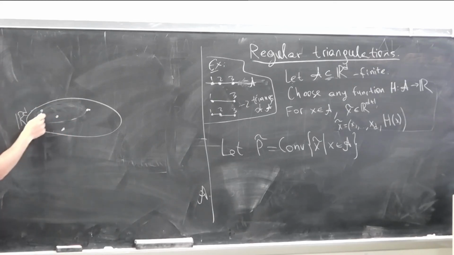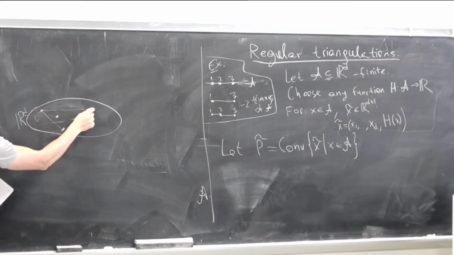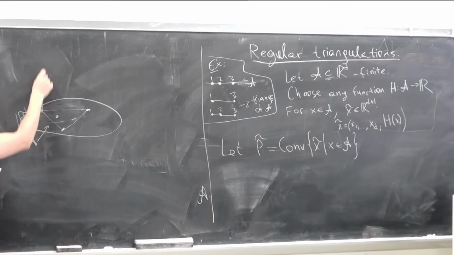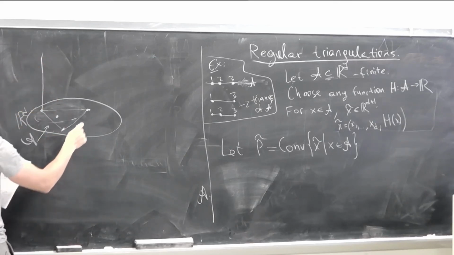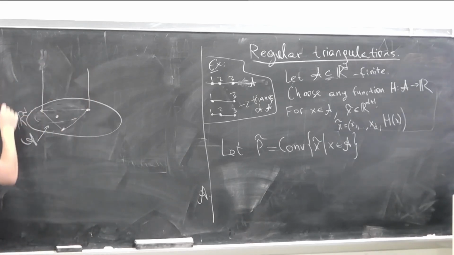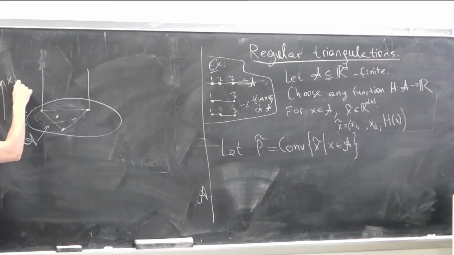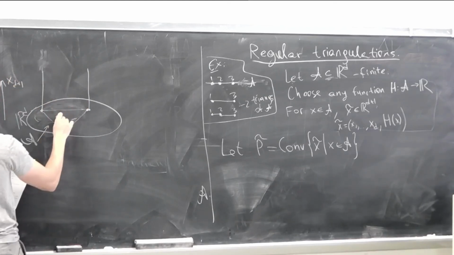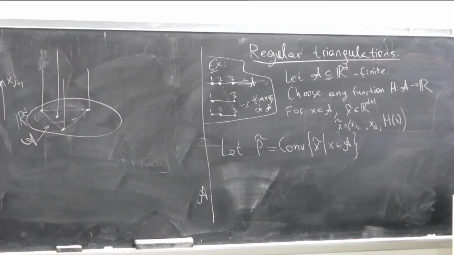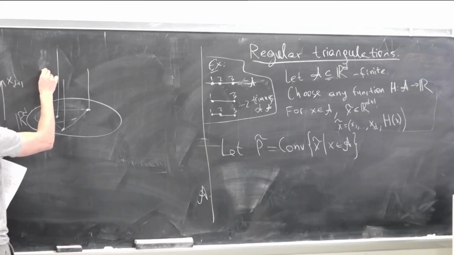Maybe it's a triangle with a point. This is A. And then I choose a function h, which means I'm going to lift every point to some height. This is going to be my x sub d plus 1. And then I take the convex hull of the resultant points in d plus 1 dimensions.